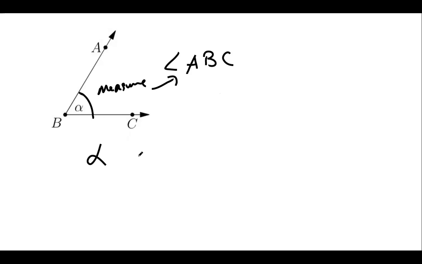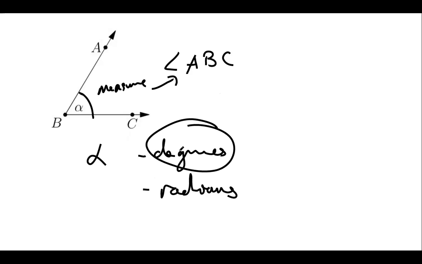And alpha can either be in degrees or radians. But for this handout, we'll just talk about degrees. So we can say that angle ABC equals alpha degrees.